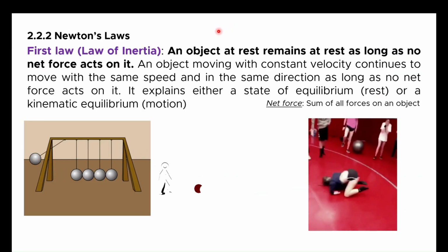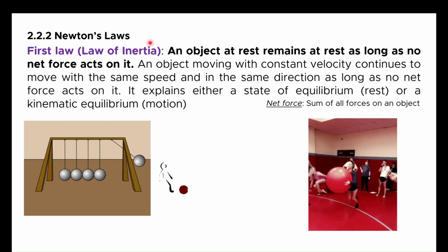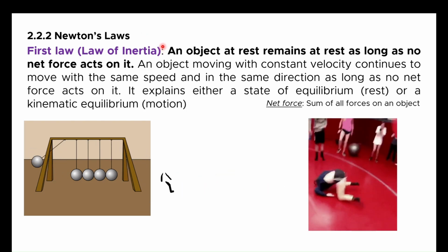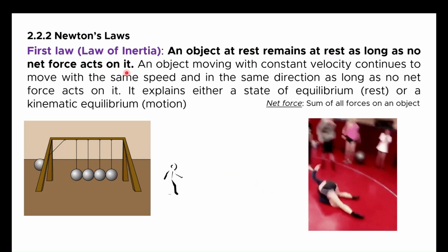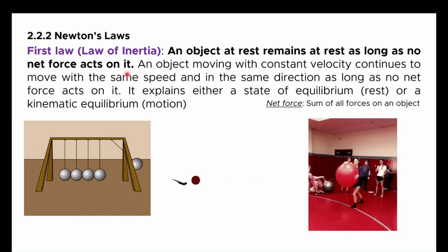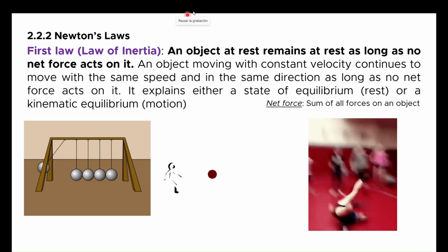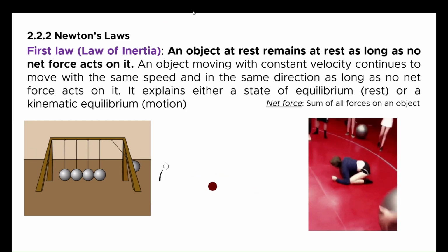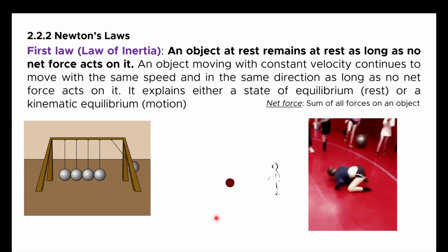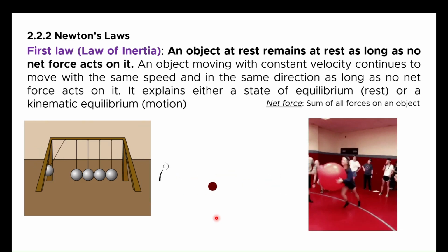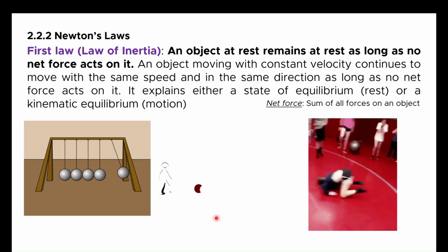There are three Newton's laws. The first one is the law of inertia, which states that an object at rest remains at rest as long as no net force acts on it. What does net force mean? It is the sum of all forces on an object. If our object is at rest or moving at a constant velocity, this means that there is no net force applied to the object.